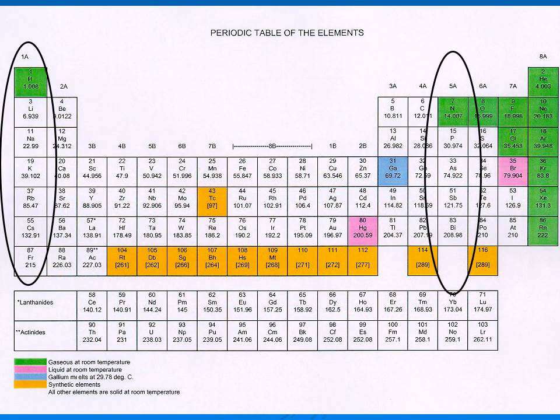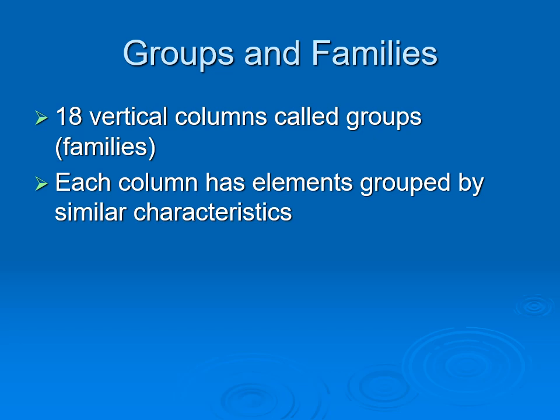Okay, now looking at this periodic table, again the same out-of-date periodic table, but it's still functional. Notice I am circling the up and down columns. The columns I have chosen are not particularly important. What are columns? Columns are actually called groups on the periodic table, and sometimes they are referred to as families instead.